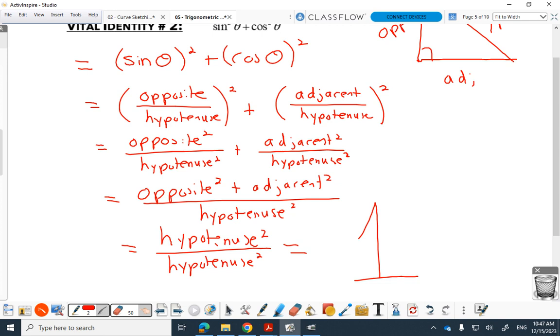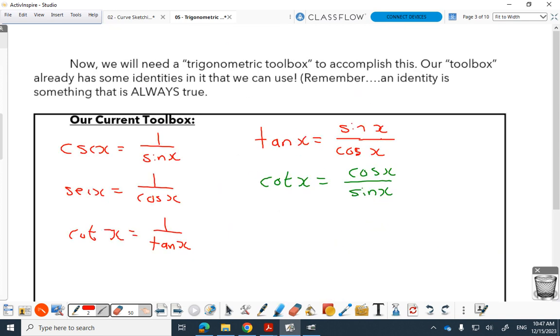Giving you another incredible weapon for your trig toolbox. Sine squared x plus cos squared x equals 1. But a little Christmas bonus here. If your algebra is just okay, you might like this in your trig toolbox, which is just those two things rearranged a little bit.